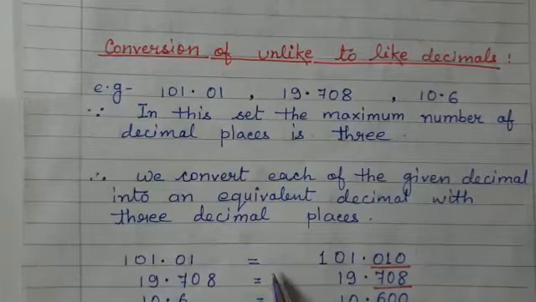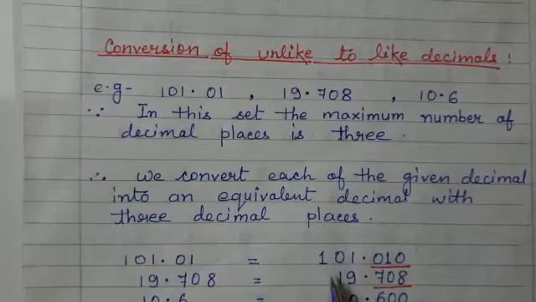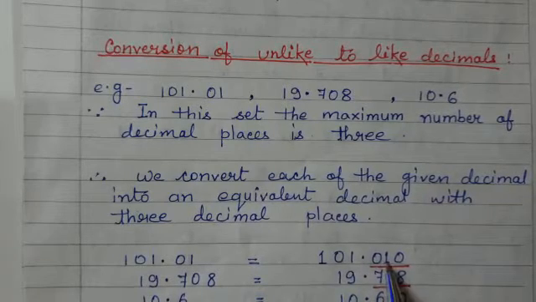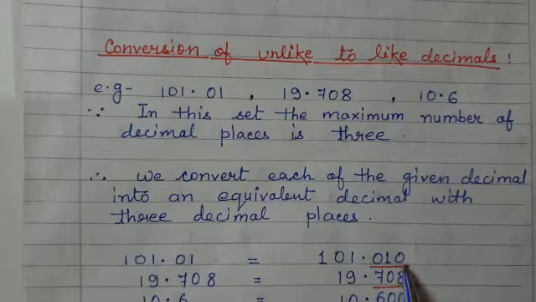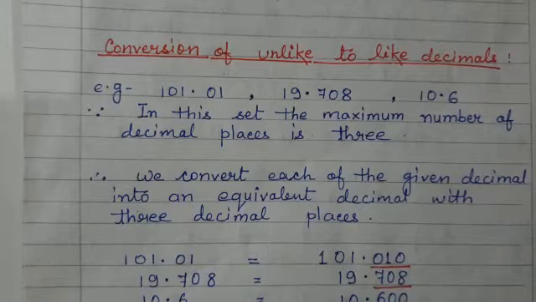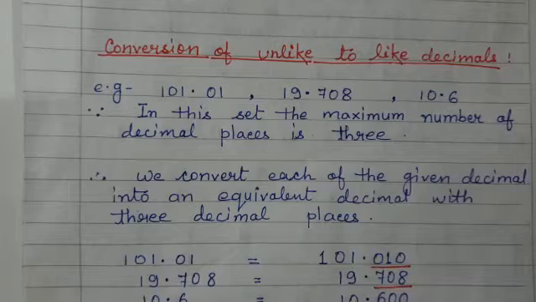101.01 is equal to, we can include a 0 at the extreme right. So 101.01, and from our side we are including this 0. Now it has 3 decimal places, but the value has not been changed. Similarly, the second number already has 3 decimal places. The third number 10.6 has only 1 decimal place.